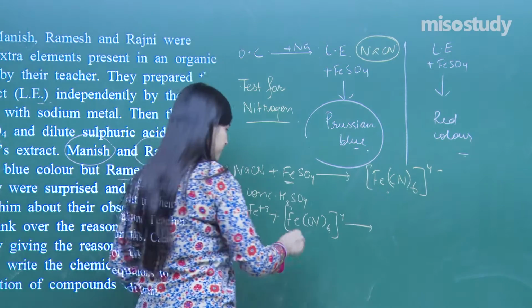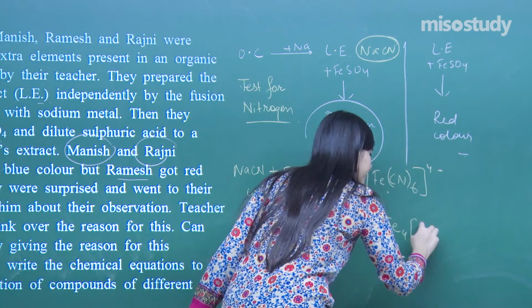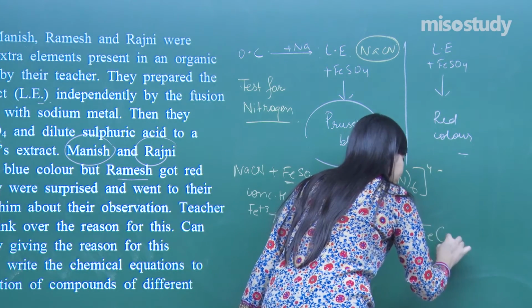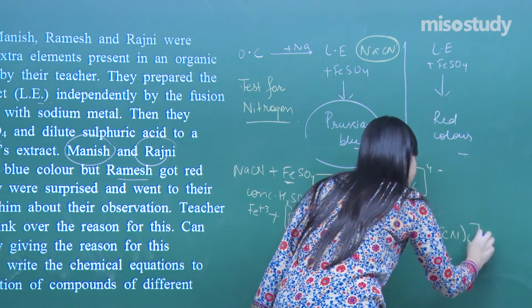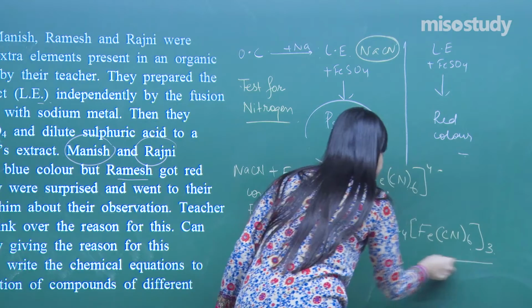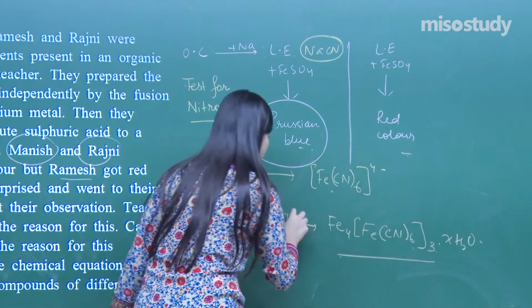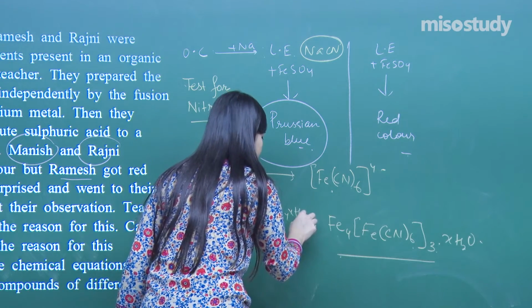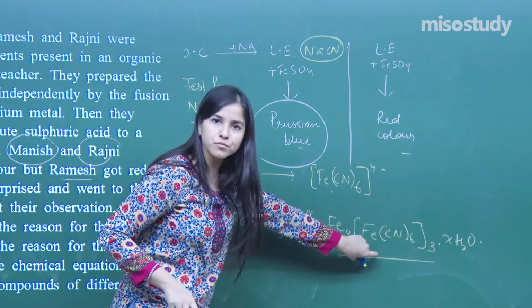We get a complex which is also known as Prussian blue, Fe4[Fe(CN)6]3 into xH2O, because it's a solution, so there will be hydrated molecules present, xH2O. Clear? So that is the very first reaction in which they obtain Prussian blue color.